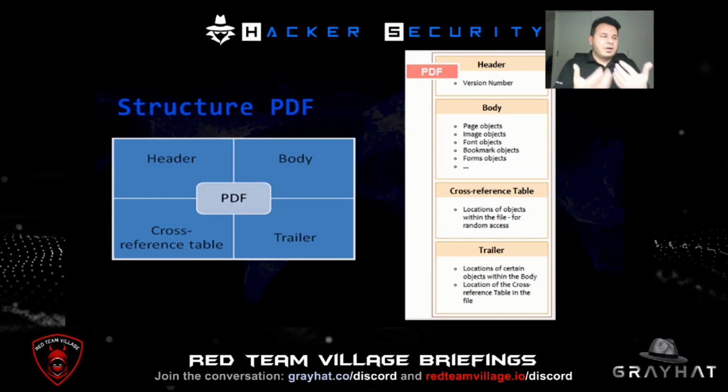What this means in this case is basically one structure referring to another structure or another object inside this body, right? In the trailer, it's the same thing. You have here the location of certain objects inside the body. That is, you have many connections between these parts of this structure, right?